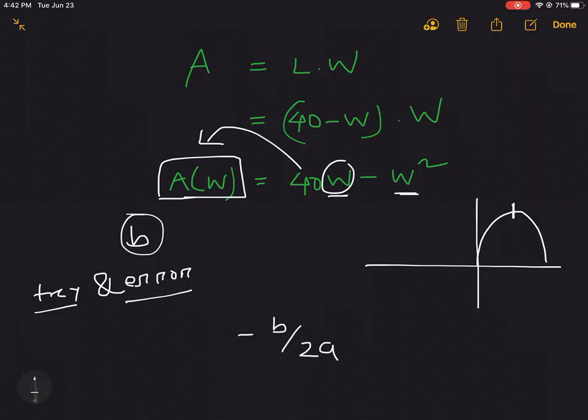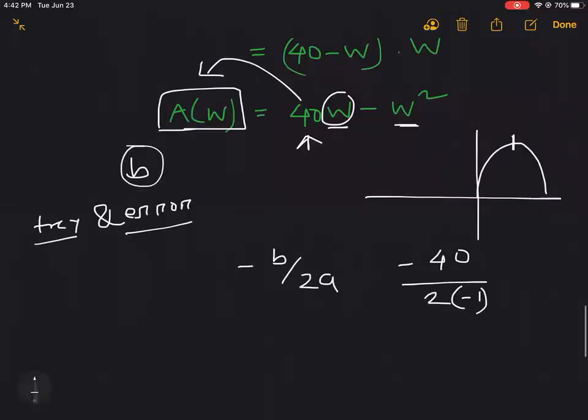Not W, Daniel, because we actually want the coefficient, not the variable itself. 40, right? Yeah. So b will be 40. And what's a? -1. Very good. You guys are doing a really good job. So it will be -40 over -2, 20. So that's your answer.